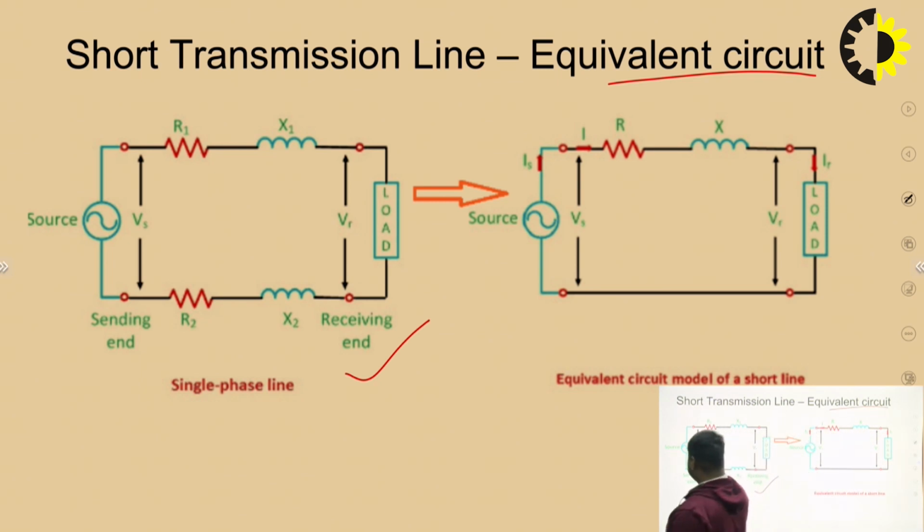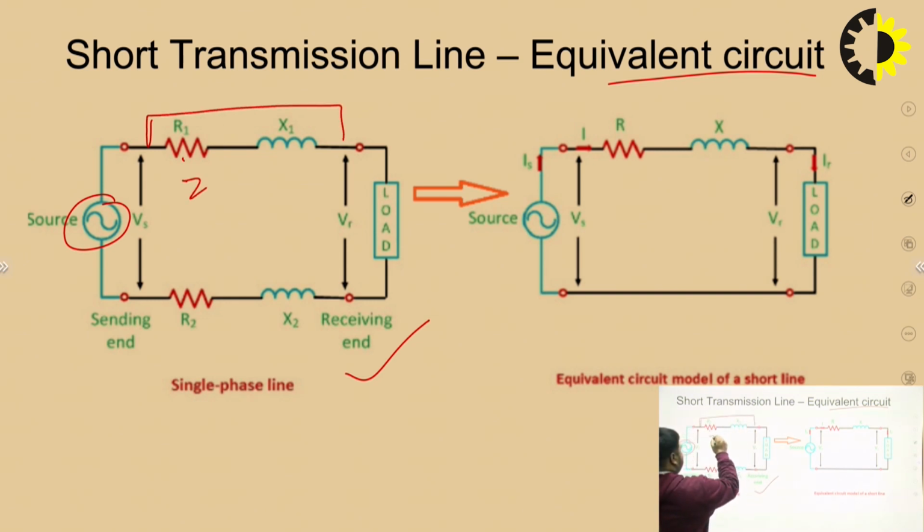So this is the source, and this is R1 X1. This is the total impedance Z, of R and X. This is, let's say, the sending side, the sending end voltage, and here it's a load.